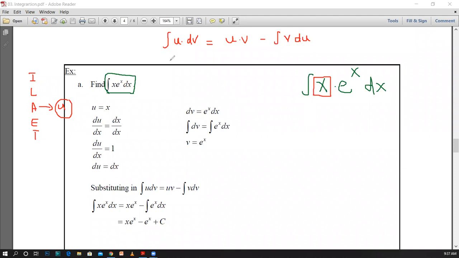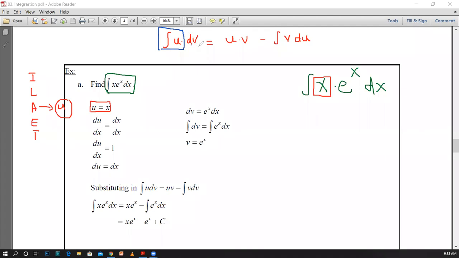Now if you match our expression with this theory, you can see the integral notation. You have identified x as our function u. Then what would be the remaining?